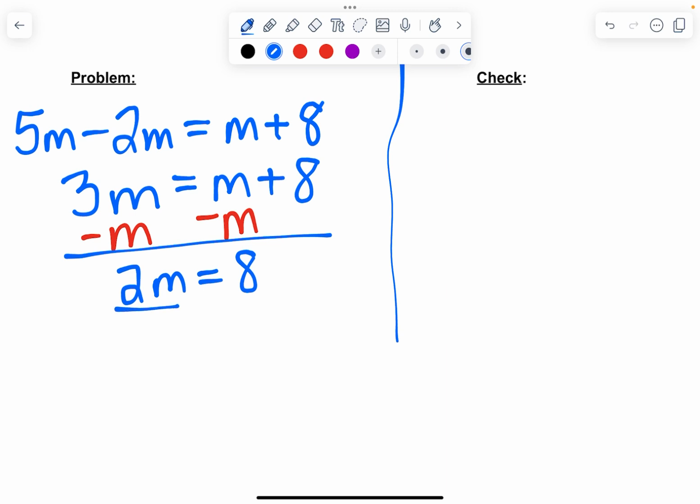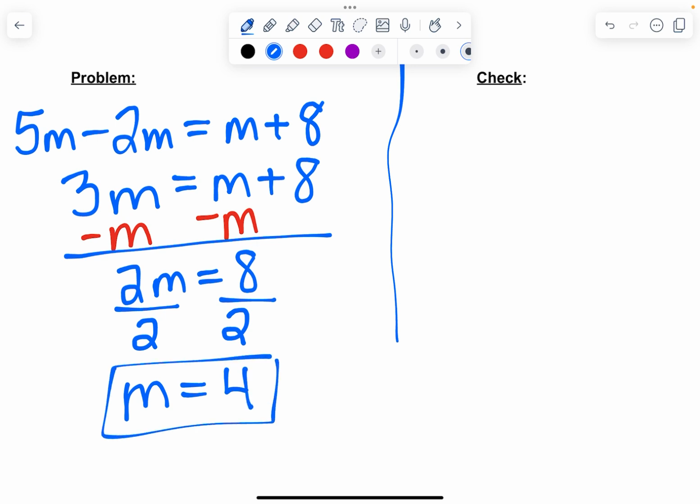So this is a little bit maybe more like you're used to. What I do to one side, I have to do to the other. So I'm going to divide by 2, and I end up with m equals 4 because 8 divided by 2 is 4. So whichever number is in front of this m, that's what I divide both sides by. So if that 2 was 3, I divide by 3.